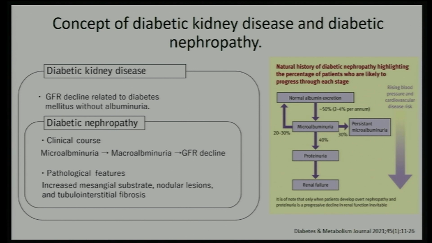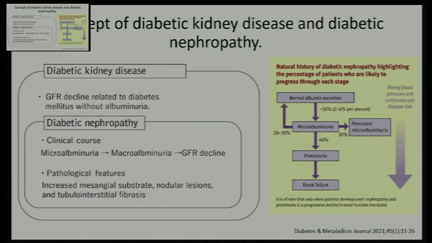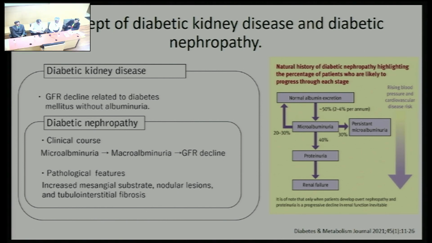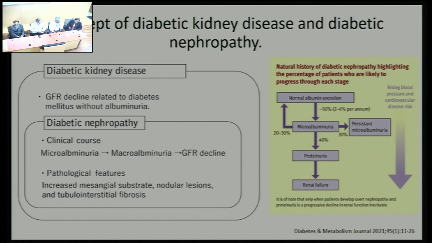How do we differentiate, because you have to plan a biopsy if you suspect a non-diabetic disease. So what are the points in favor for differentiating between the two? I always teach my students and my colleagues that it is our task to differentiate NDKD from DKD, because by diagnosing NDKD, or non-diabetic kidney disease, in a diabetic patient, it can change the renal prognosis as well as overall survival of the patient, and many conditions may be treatable.